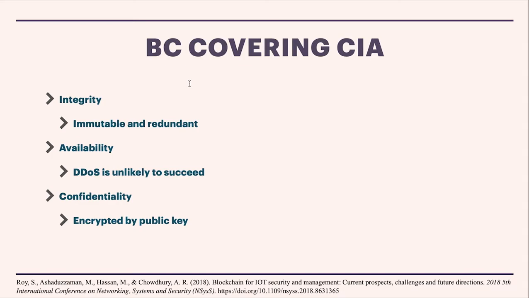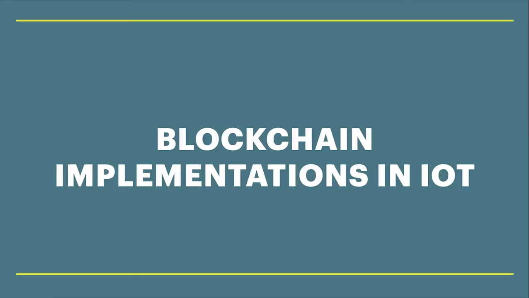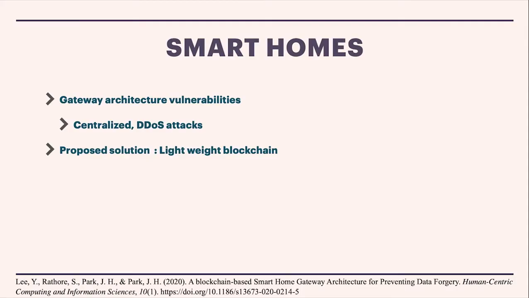So there has been research done to implement blockchain in IoT that is cost effective and practical. Which brings us to our next topic, blockchain implementations in IoT, for which I have two examples. One is smart homes, and the other one is intelligent transit systems, or ITS for short. So first we'll talk about smart homes.